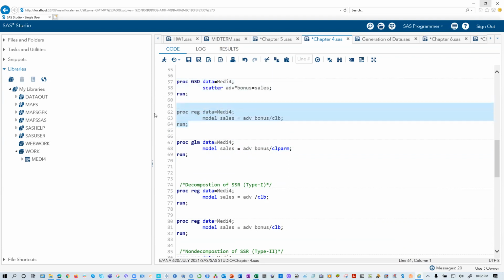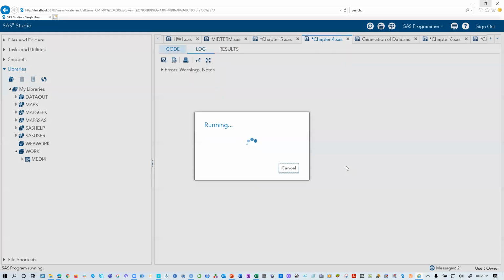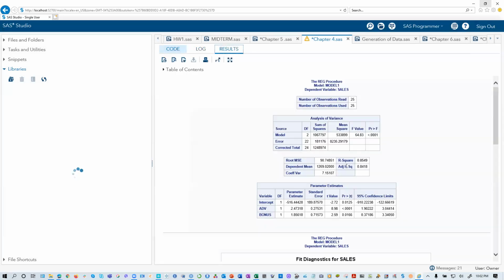I checked the goodness of fit, I did the individual test, the overall test. Under that, I talked about R squared, then the R squared adjusted, then the MSE. This one is very easy. You don't have that SS Type 1, Type 3 nonsense. It's very plain.